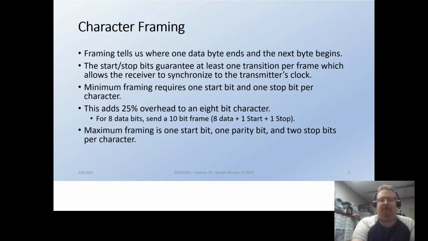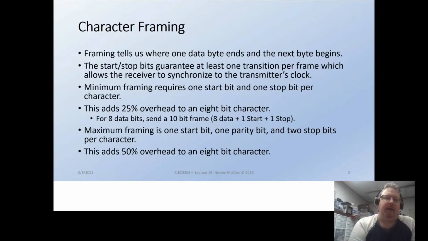And if you want to put all the framing stuff on and all the bells and whistles on, then you're going to get 1 start bit, you're going to get a parity bit, which we'll talk about at one point, and 2 stop bits for every character. So every 8 bits is going to have an extra 4 bits added to it, just automatically by the UART itself.